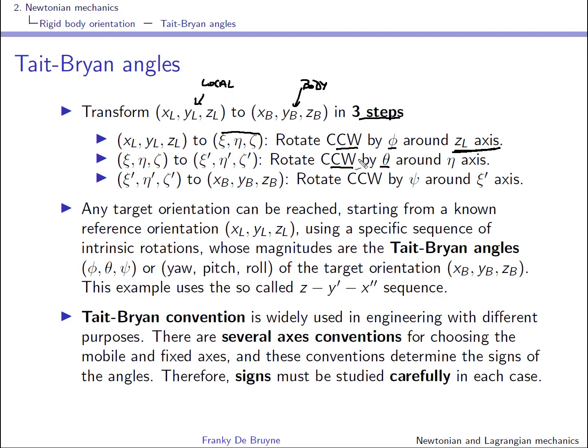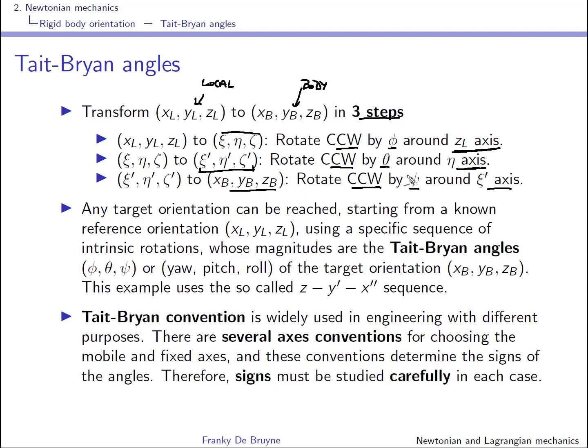And in the second step, you rotate with theta around the eta axis. Now you produce a new set of reference axes, and in the last step you rotate by a counterclockwise rotation of psi around this new x-axis, right? And this generates the body frame.